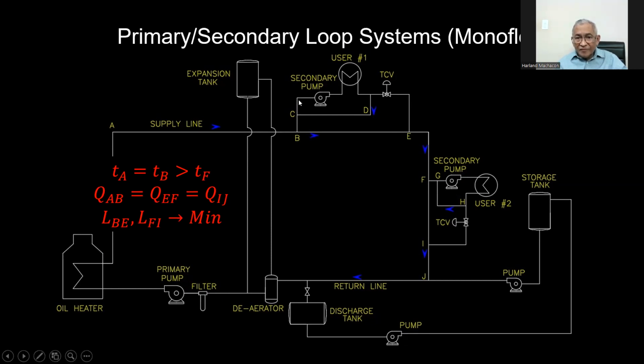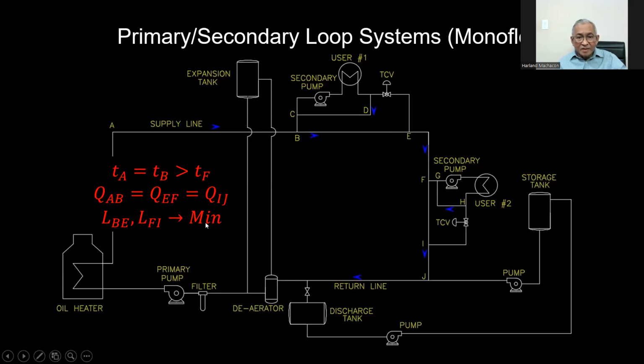Because after using the oil from B, it is returned back to this line here. So the temperature going out at this point will now be lesser than the temperature at B. And the flow from A to B is equal to the flow from E to F is equal to flow from I and J. That's why it's called a monoflow system, because there is only one flow value.